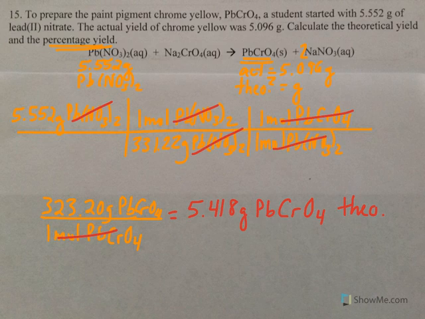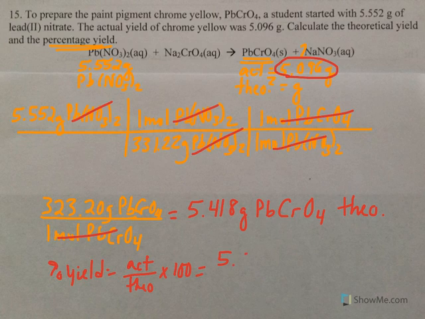And now you're asked, what is the percent yield? Percent yield is the actual divided by the theoretical times 100. So we have our actual, which was given previously as 5.096 grams. And then our theoretical yield, we just calculated.